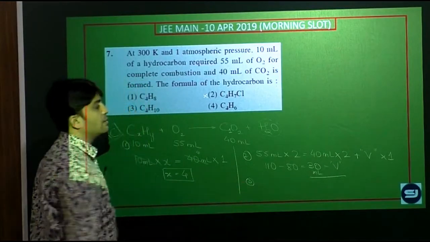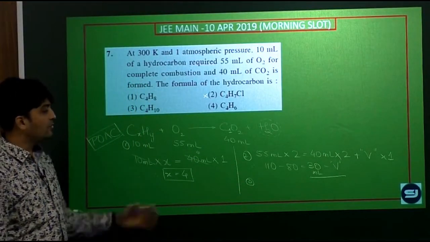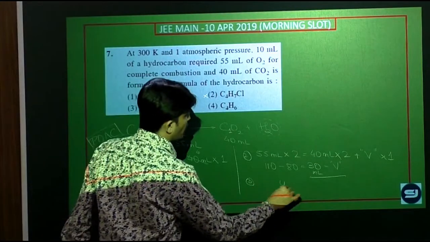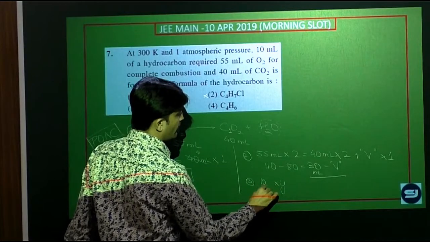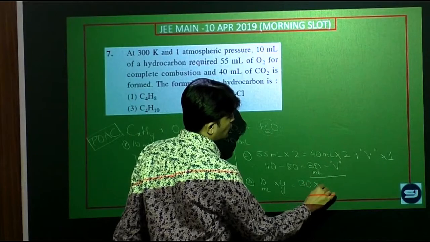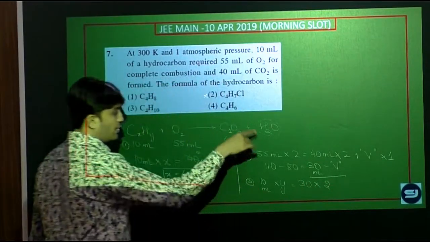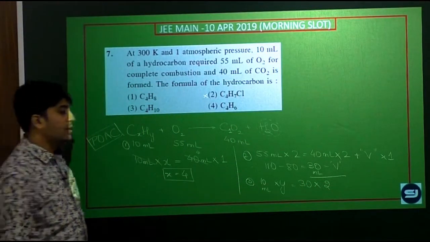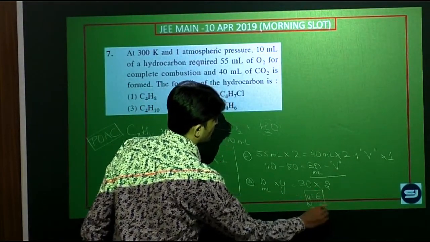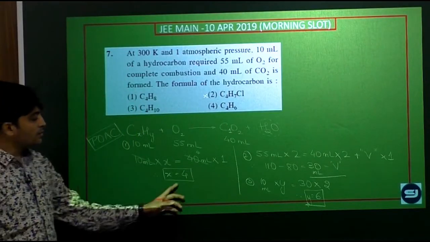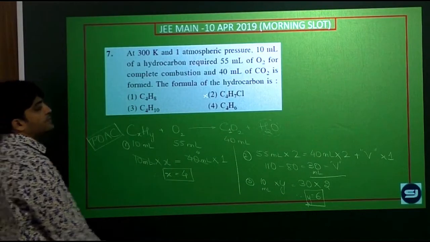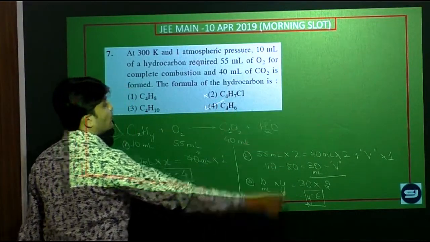Now if this is 30, then again apply POAC for hydrogen. In CxHy, hydrogen is y with a volume of 10 ml. That should be equal to the volume of water, that is 30, into 2, because in water the number of hydrogen atoms is 2. Now you just calculate the value of y. It's equal to 6. Hence the formula of the hydrocarbon should be C4H6. That's option number 4.